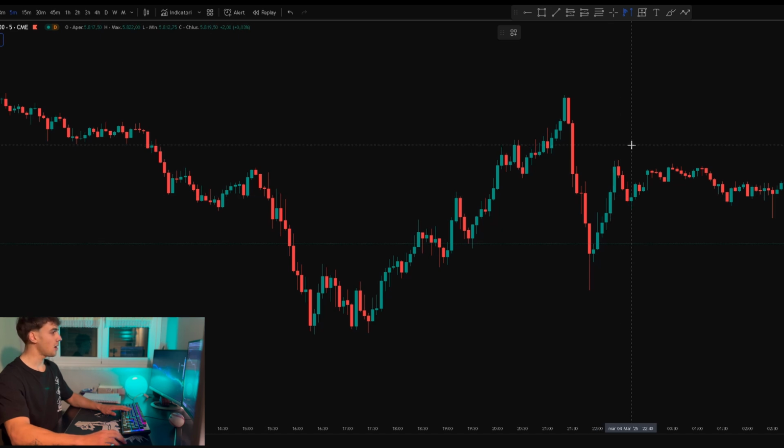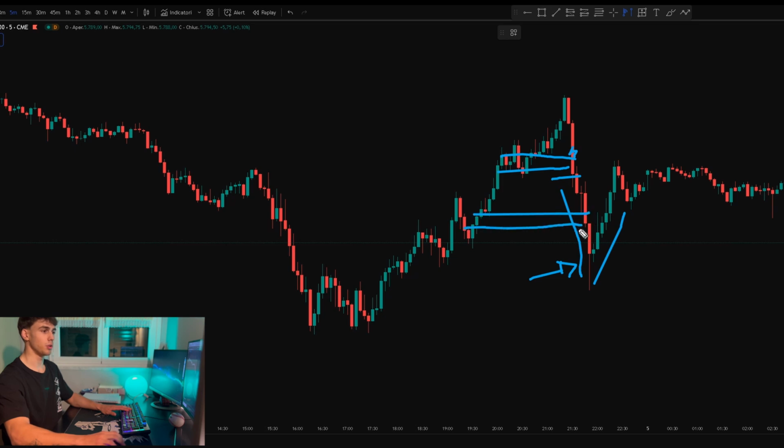But how could you predict this V-shaped bounce? How could you get in on the lower part of the retracement? Maybe you said, this is a demand zone, I'm gonna get in here, boom, stopped out. This is a demand zone, I'm gonna get in here, boom, stopped out. All this doesn't work because it's all guessing. There's no objective analysis here.